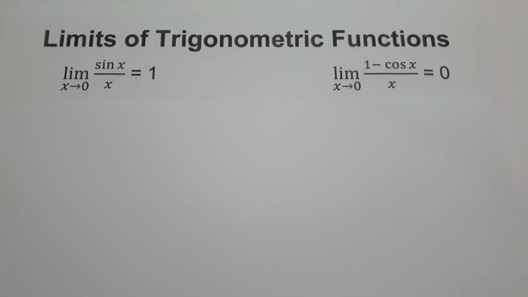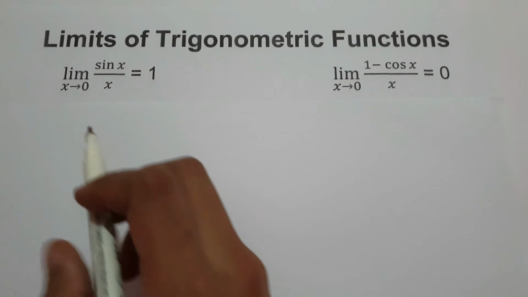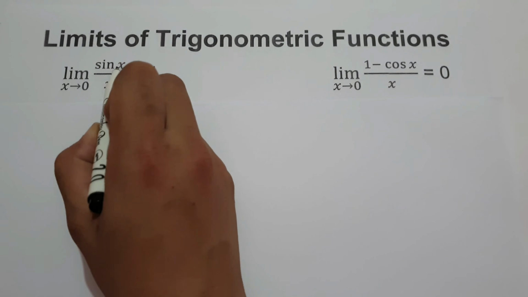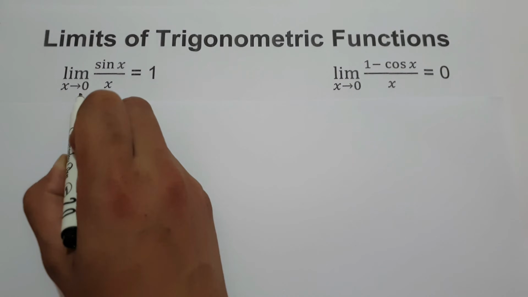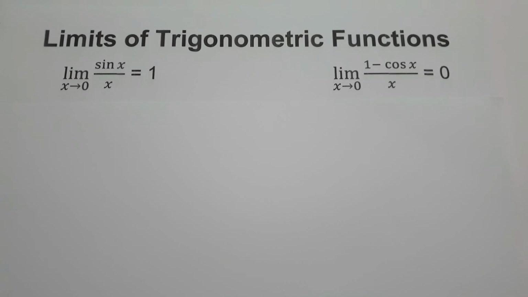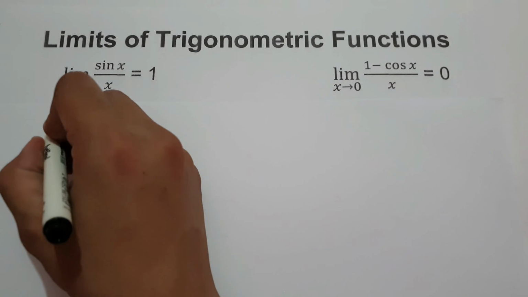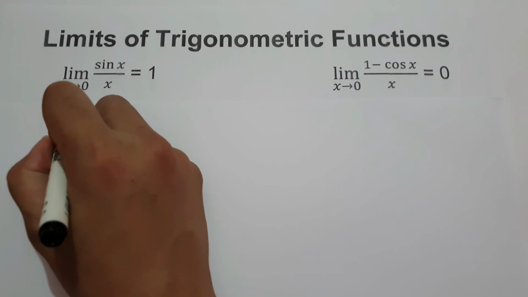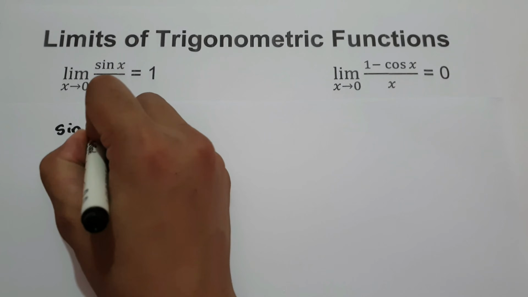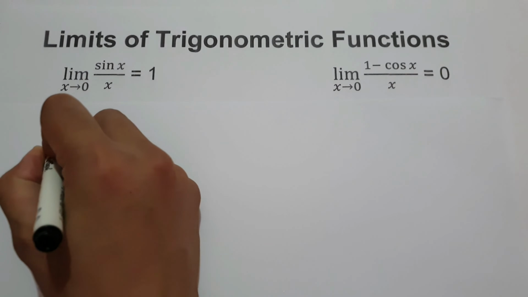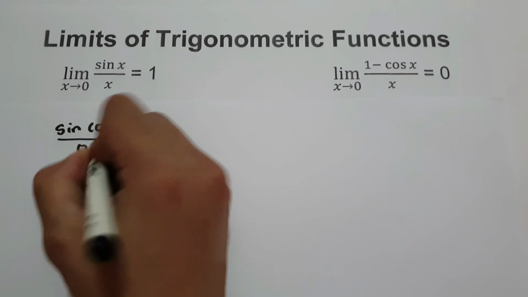So let us confirm if the given formulas are correct. The first one, let us prove that the limit of sine x over x as x approaches 0 is 1. So let us identify a number which is closer to 0. So let's say if we have sine 0.1 divided by 0.1.